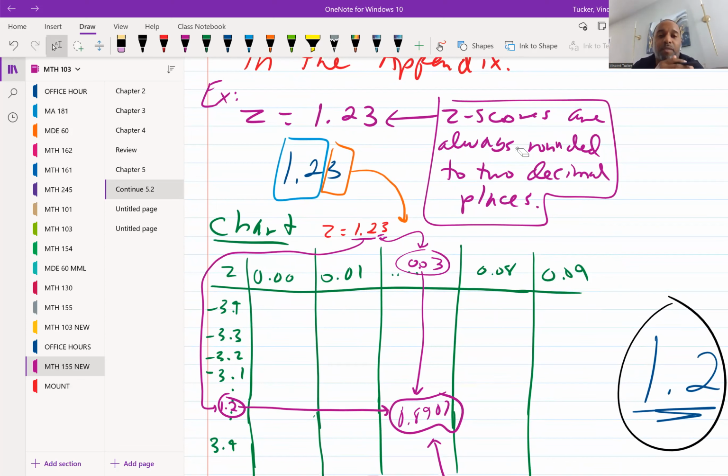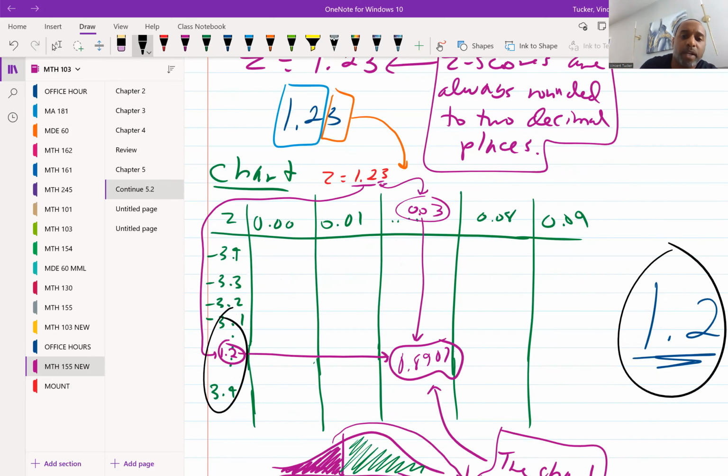Everything that precedes the last digit will be over here on the left column. So the 1.2, and then that last digit, which is the 3, will be up top. So whatever that last digit is will be on the top, and everything before the last digit will be on the left column. We find the 1.2 over here, with the 3 up here, and where they meet is the chart value that we pull. Of course, we'll talk about what a chart value means in a second, but we're just talking about how we're going to read the chart. Once again, the rightmost digit will be up top, and everything before that rightmost digit will be over here on the left.